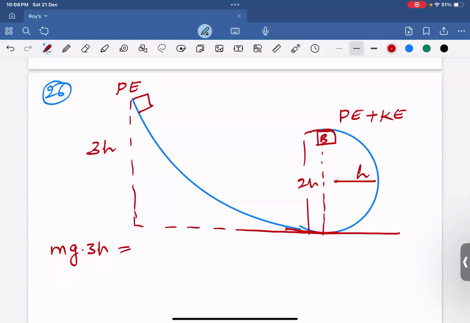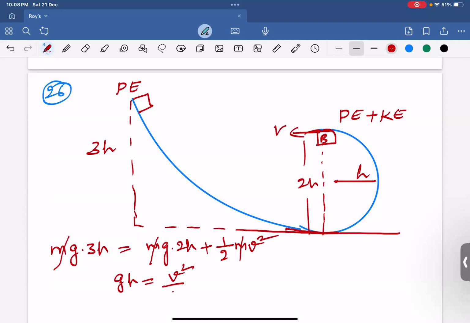So here I can write mg into 2h plus some kinetic energy that we don't know at this point, what is the velocity that we don't know. So I write half mv square. Cancelling, 3gh minus 2gh is gh only. So gh is equal to v square by 2. It means that v is equal to under root 2gh.